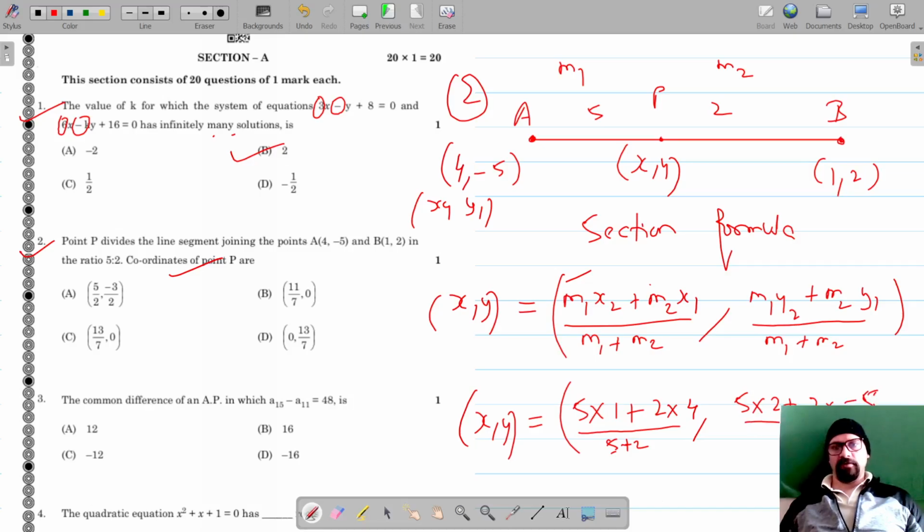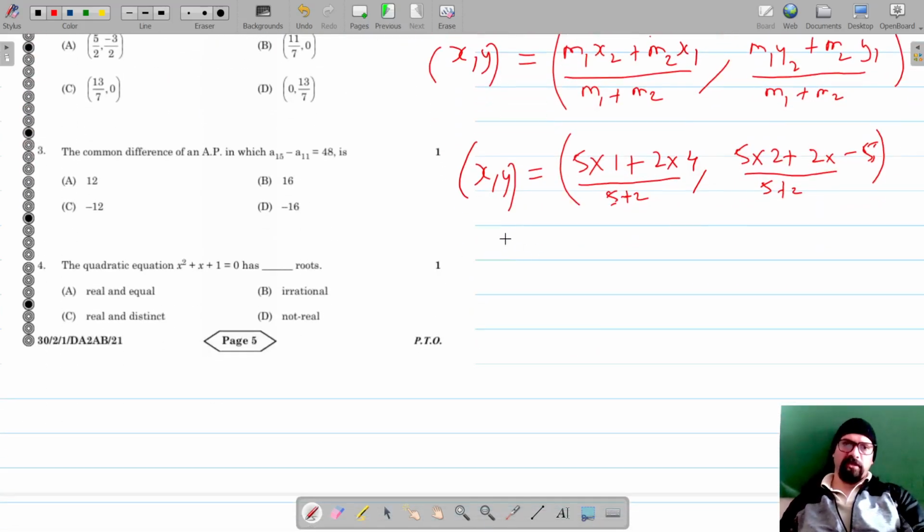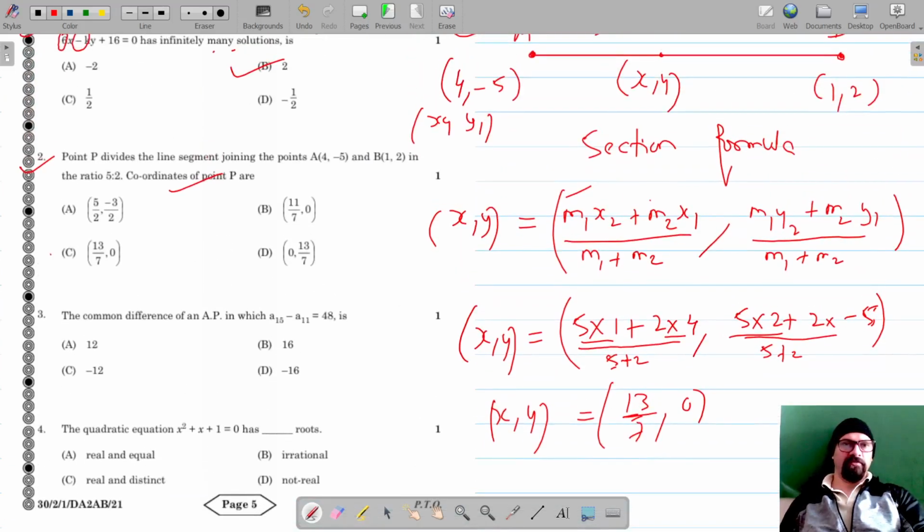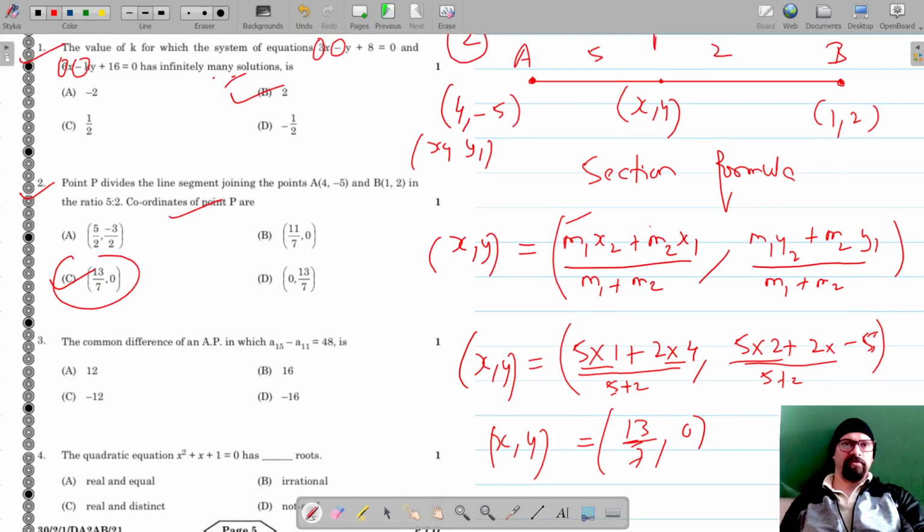So upon 5 plus 2 should give us the y coordinate. Okay, if we simplify this, x comma y is equal to 5 plus 8 is 13. So this is 13 upon 7, and this is 10 minus 10 is 0. So this is 0. So 13 by 7 comma 0. That is the option C is the correct answer for this.